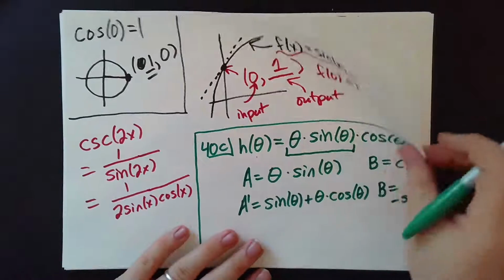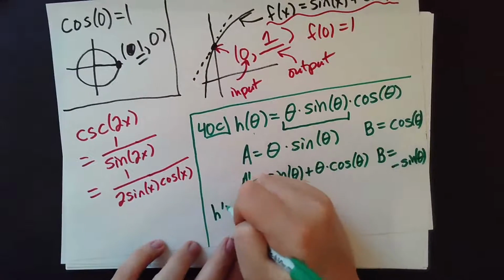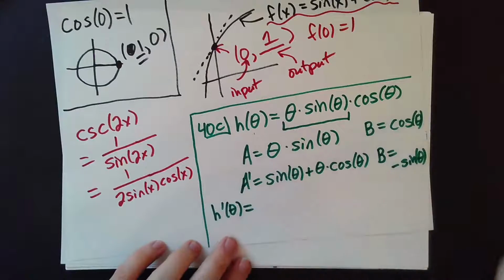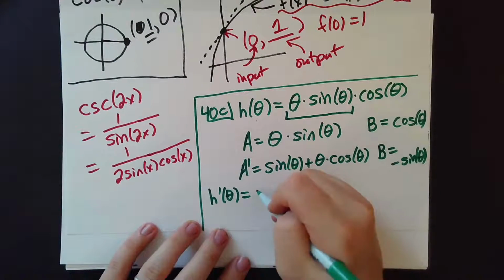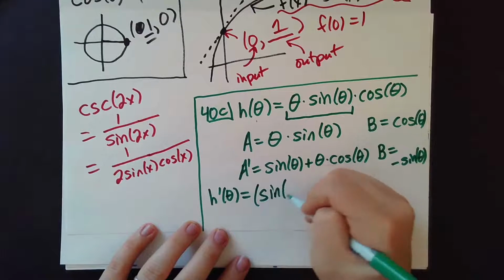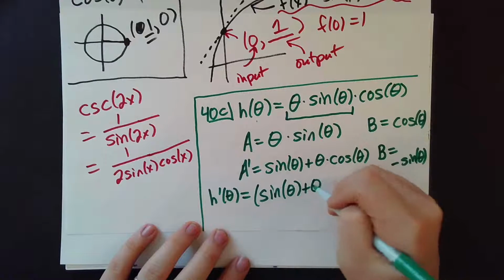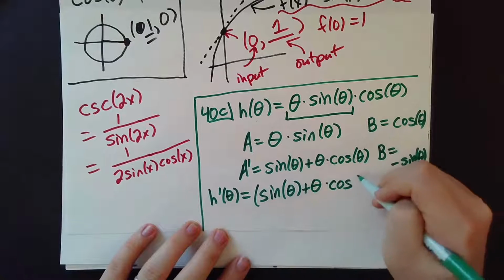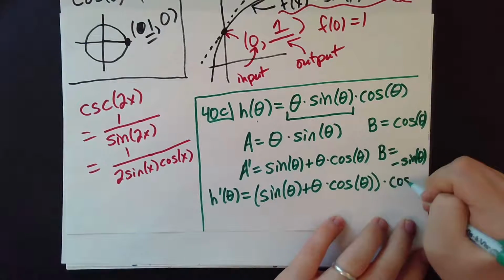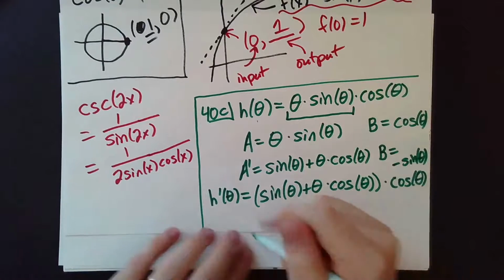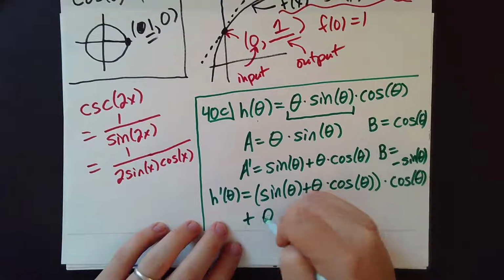And so then h prime of theta is a prime b plus a b prime.